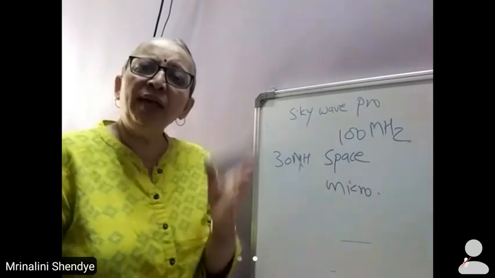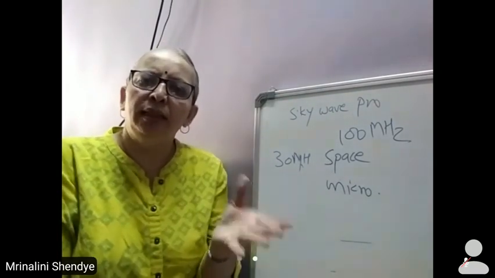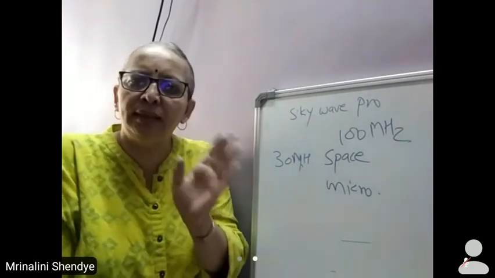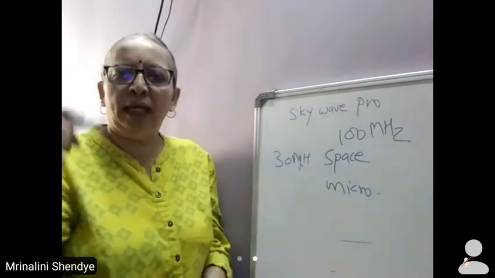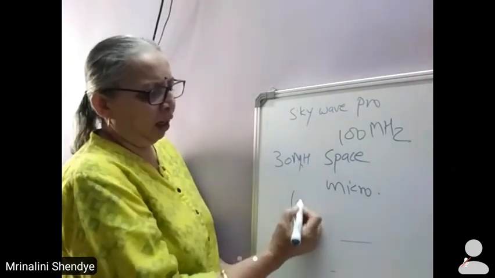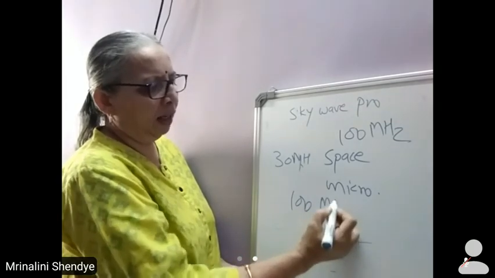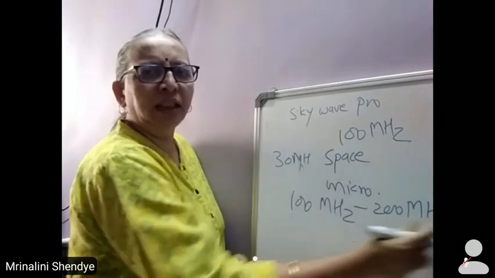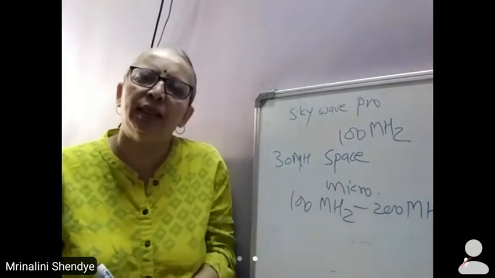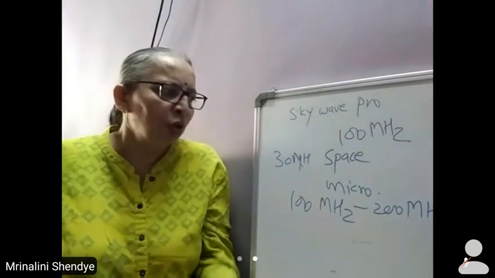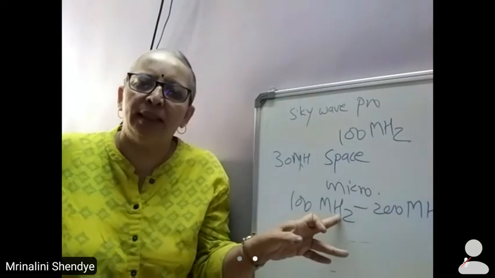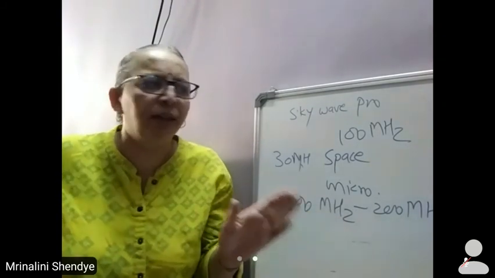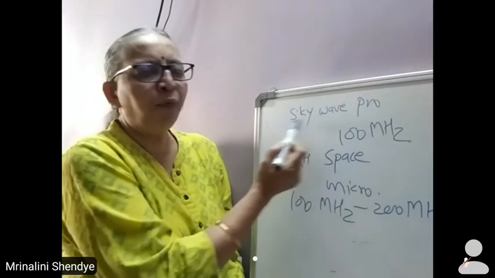Even TV signals, रेडियो सिग्नल्स अलग है, टीवी सिग्नल्स अलग है। टीवी सिग्नल्स जो सेंड हो जाते हैं उनकी रेंज 100 मेगाहर्ट्ज अप टू 200 मेगाहर्ट्ज, इस रेंज के फ्रीक्वेंसी में टीवी सिग्नल्स रिले हो जाते हैं। So this TV communication, signal communication is not possible using sky wave propagation.